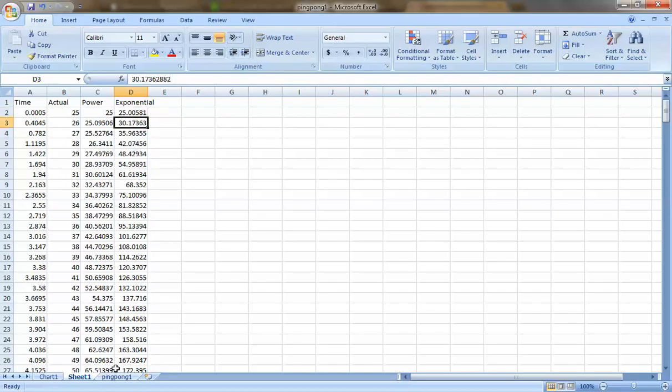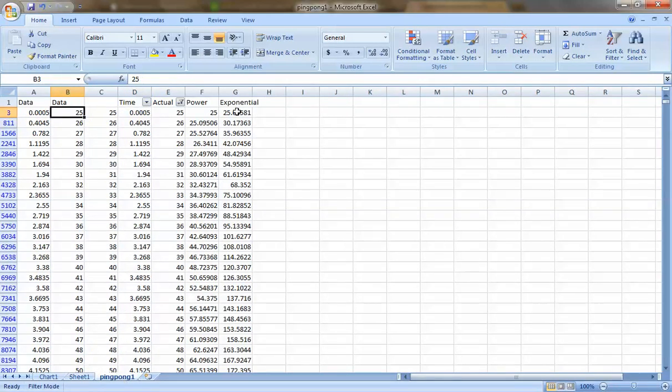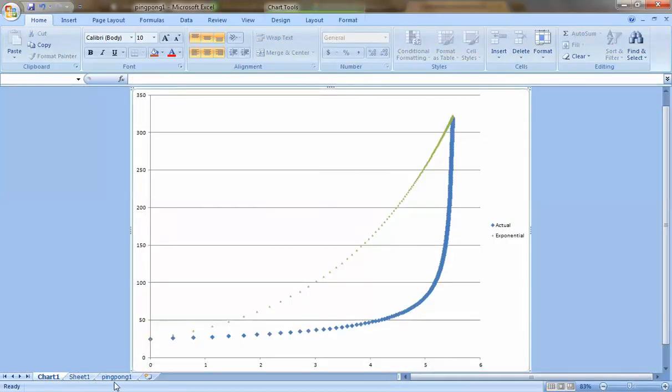I think I had the equation 25 times e to the 0.465 times t, and apparently that's the best I could do to match it up, and it didn't really match.